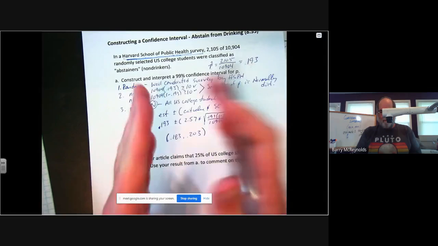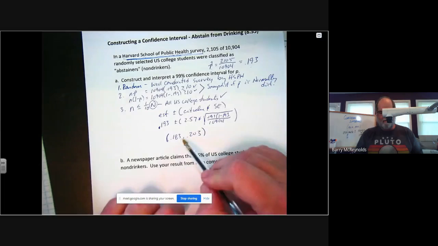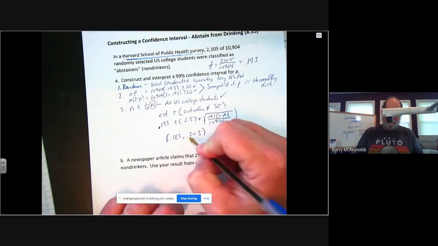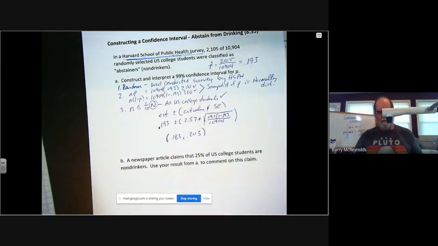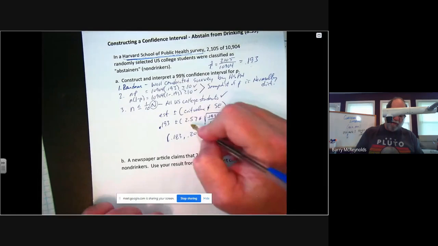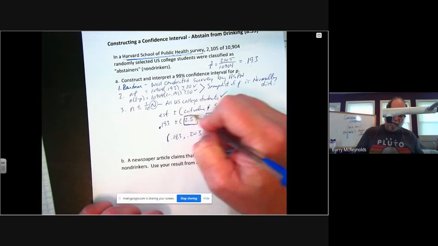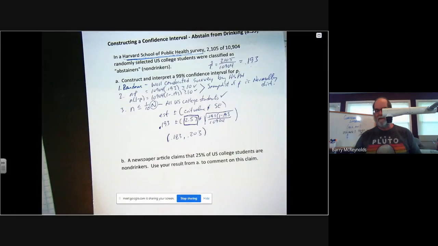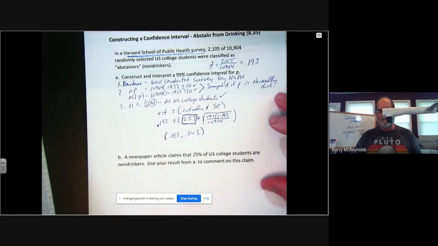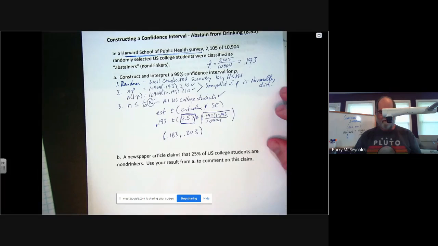So my interval will be slightly wider than this one. And so this is a more conservative approach. So with a 99% confidence interval, you'll find that most people will use the value of 2.57 instead of 2.58. Although from table A, you could make the case of using 2.58.